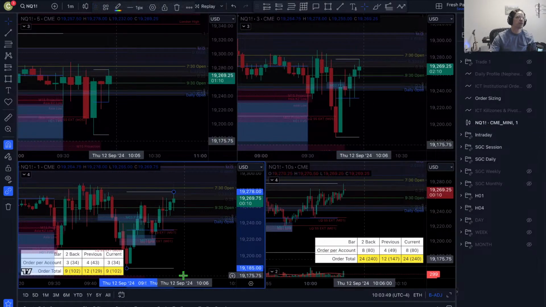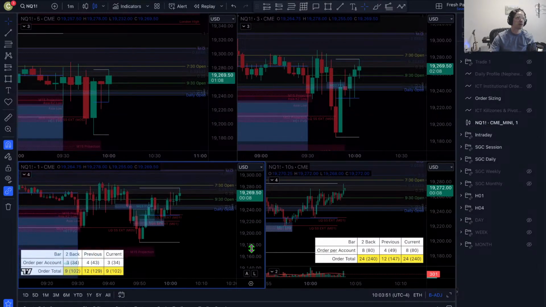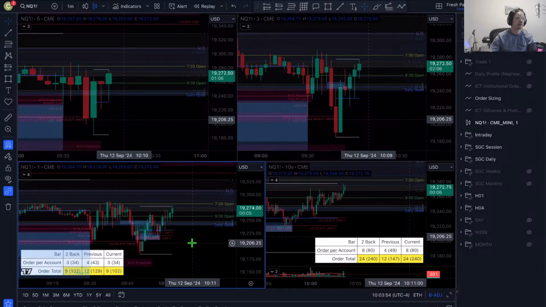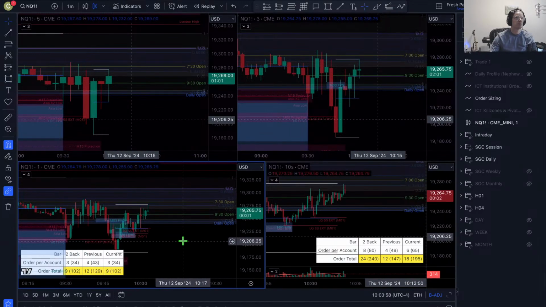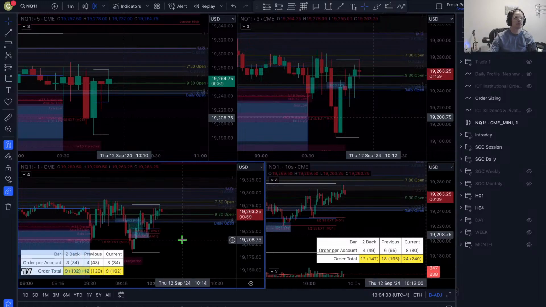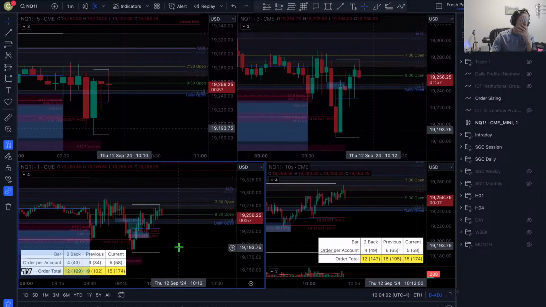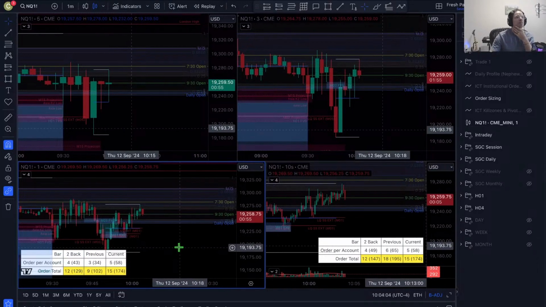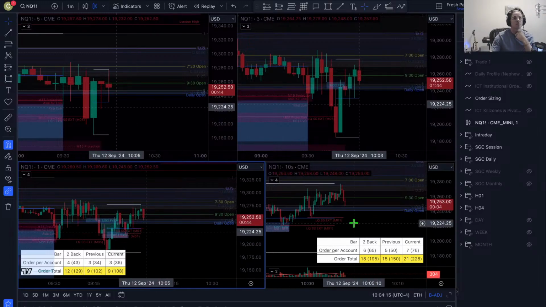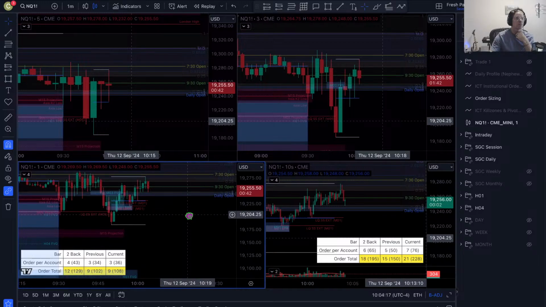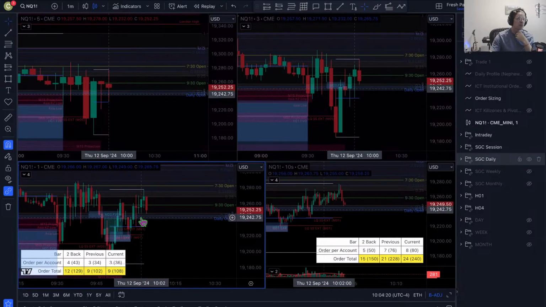This is really just expanding the structure. It's not like great impulse out of there. Got all this liquidity that it should be hunting right here. No short-term lows that we're sweeping yet.